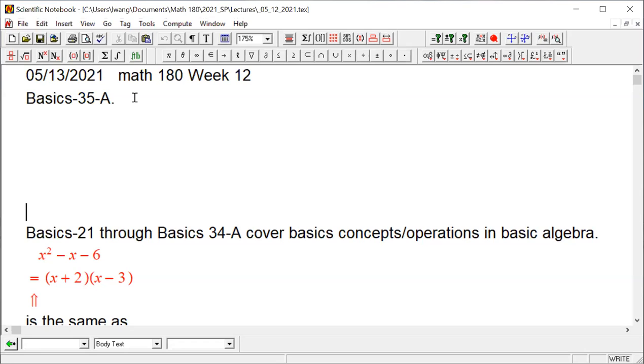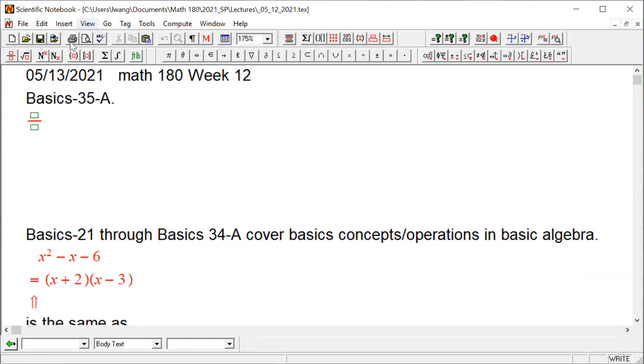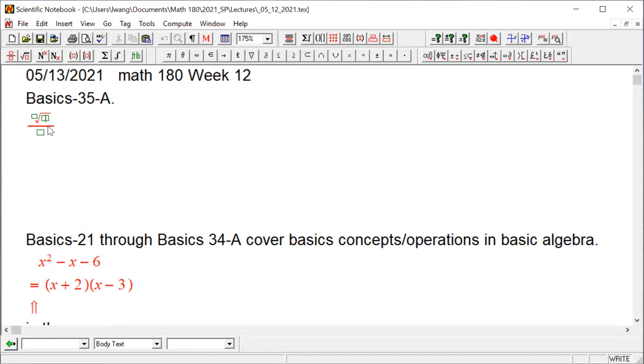Rationalizing the numerator is a very common task in calculus work you need to do. For example, in the chapter of derivative, you might encounter something like this.